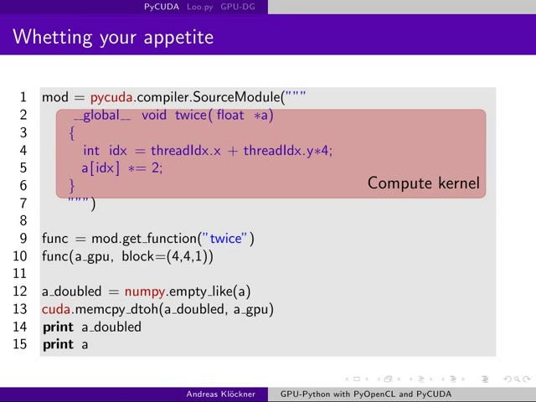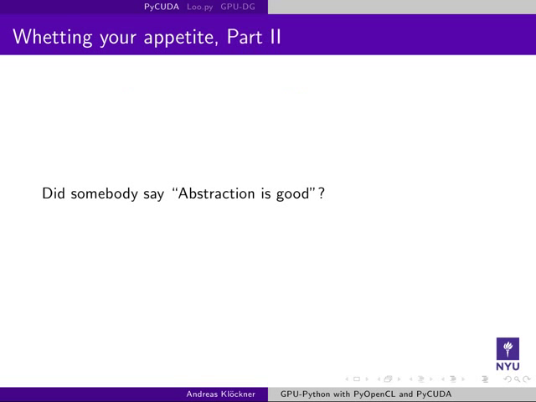In this case, we default to just having one block, but obviously in a real computation you might want to have more than one block. Make an empty numpy array to transfer results to, transfer out, print the two, and lo and behold, one will be the double of the other. Not too terribly interesting if you've seen PyOpenCL, just pretty much more of the same.